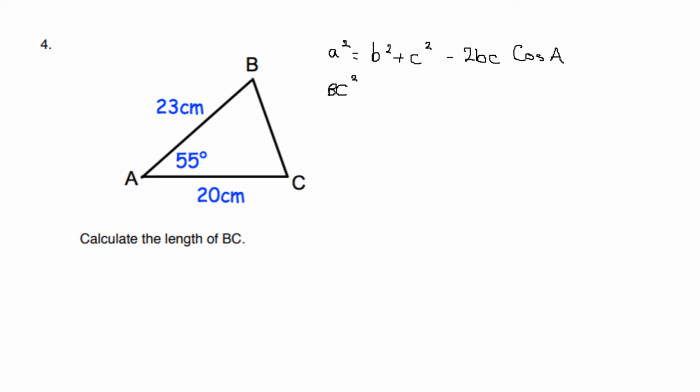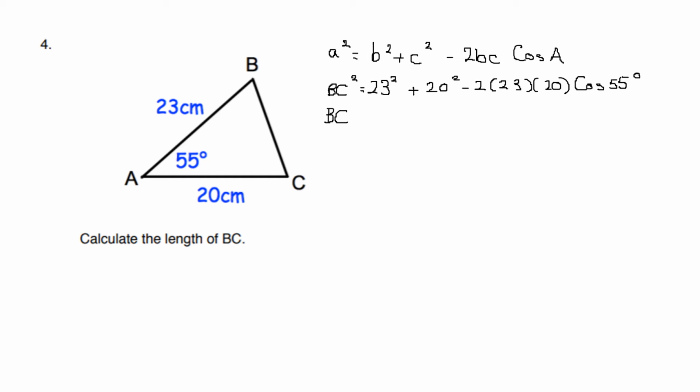So I'm going to substitute my values in. So I'm going to have BC squared equals 23 squared plus 20 squared minus 2 lots of b, so that's 23, times c, which is 20, times cos 55 degrees.